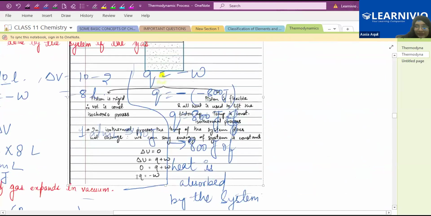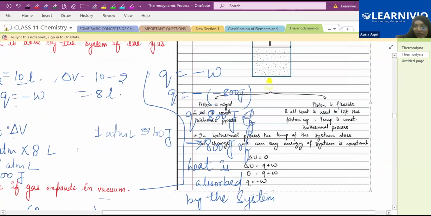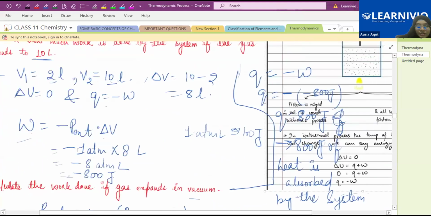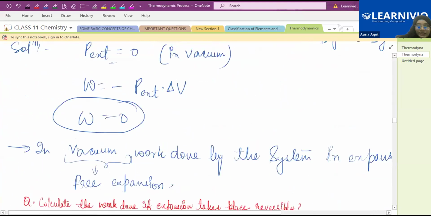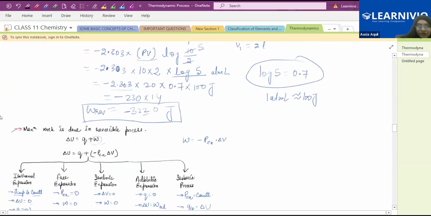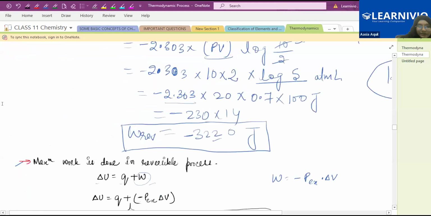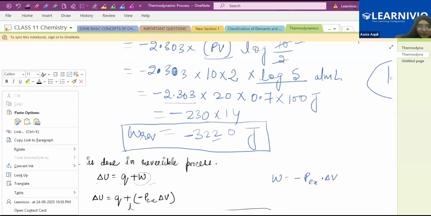Right? Q की value is minus W if the piston is flexible, right? If the piston is flexible, the temperature is constant and it is an isothermal process. And in the isothermal process, the internal energy change is zero, constant हो जाता है, and the Q becomes equal to minus W. So the work done is by the system in the case of isothermal.